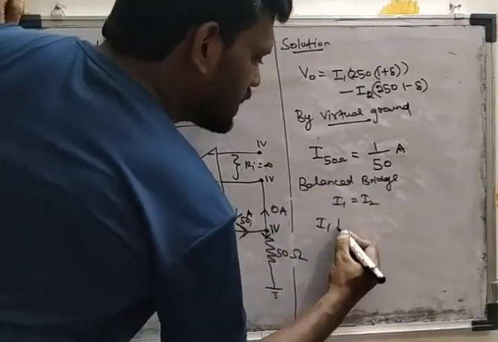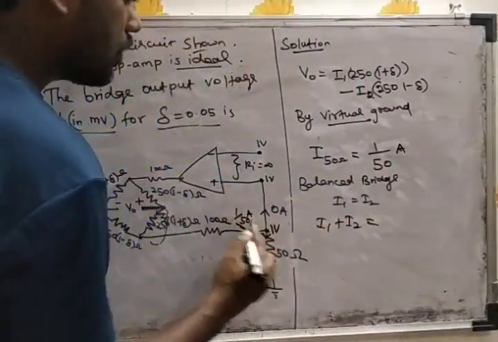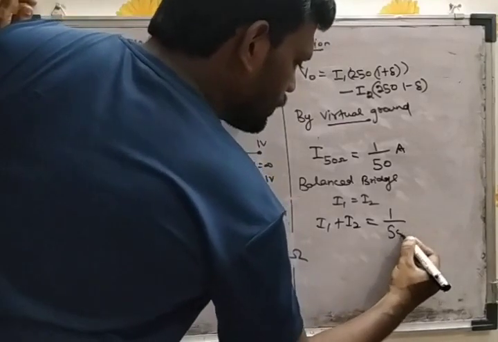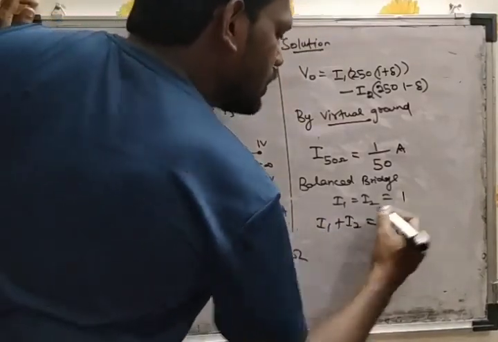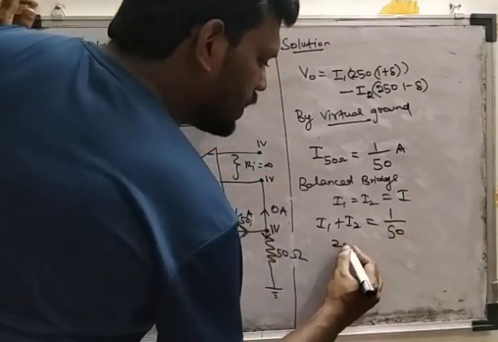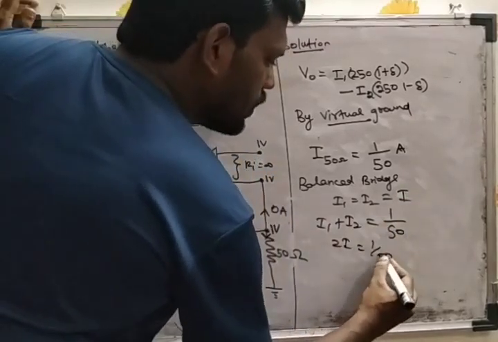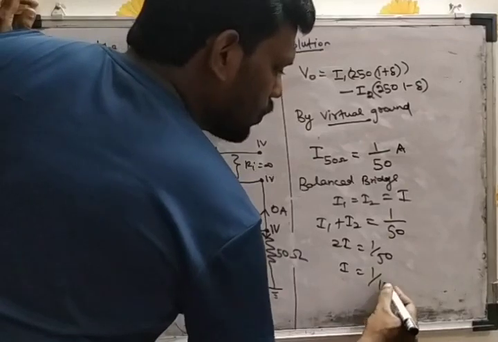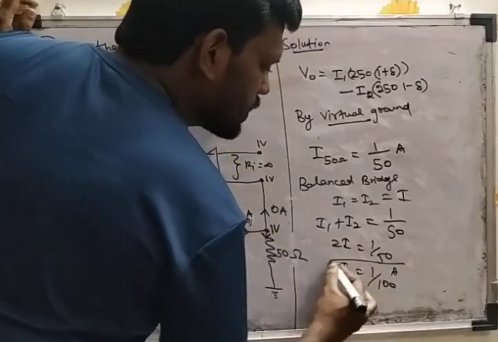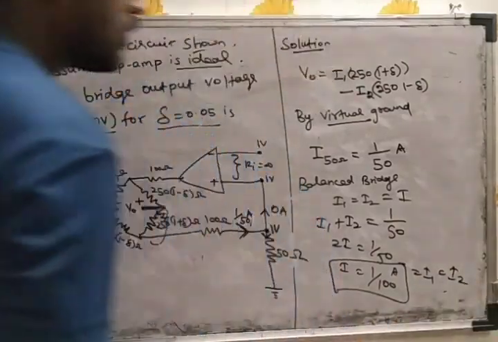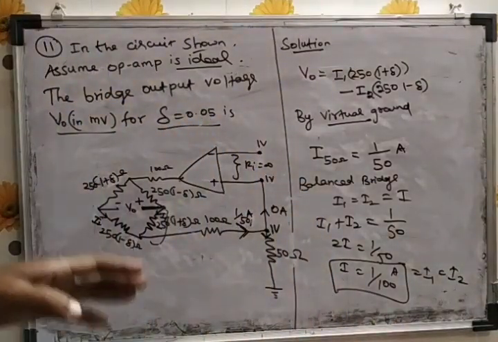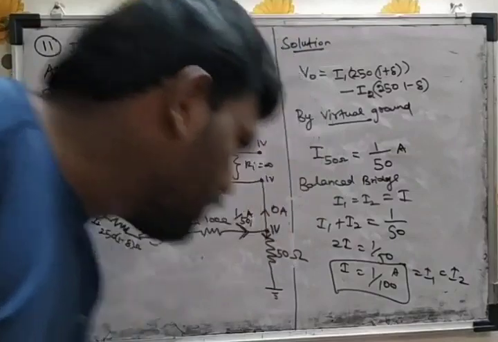So I1 plus I2 is equal to this 1 by 50. These are the same value only, so 2I is equal to 1 by 50, where I is equal to 1 by 100 amps, which is equal to I1, which is equal to I2.